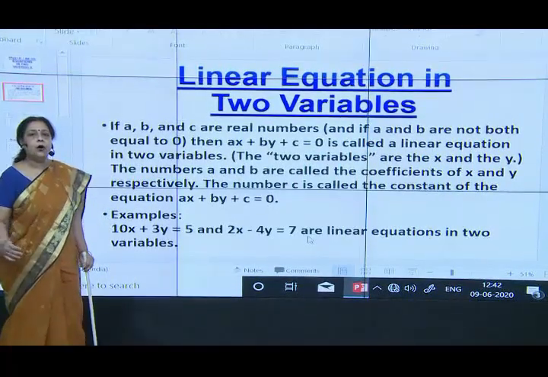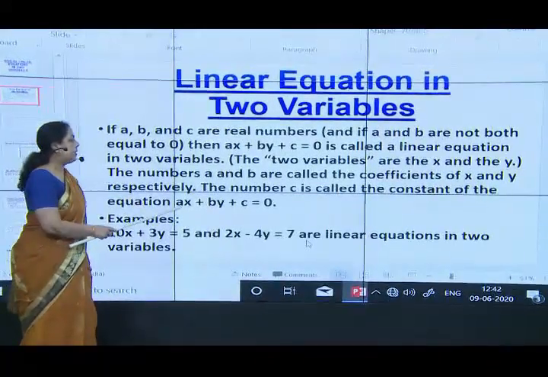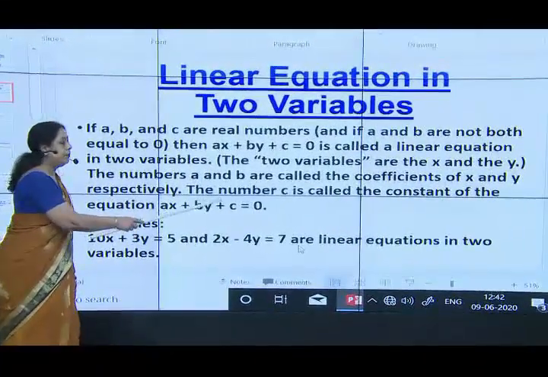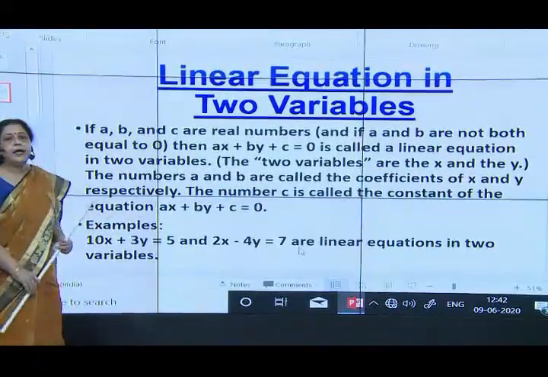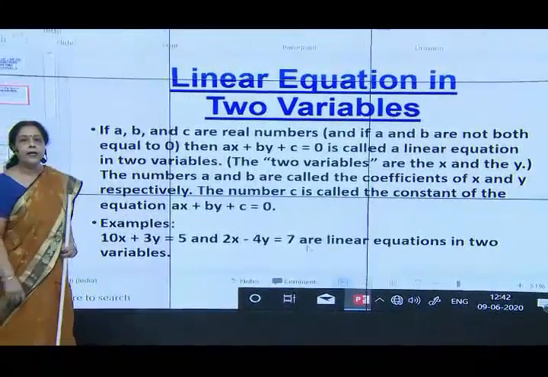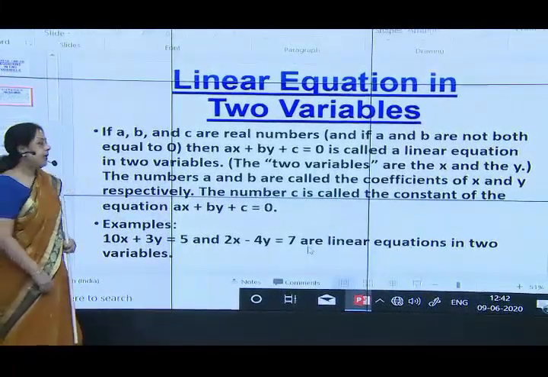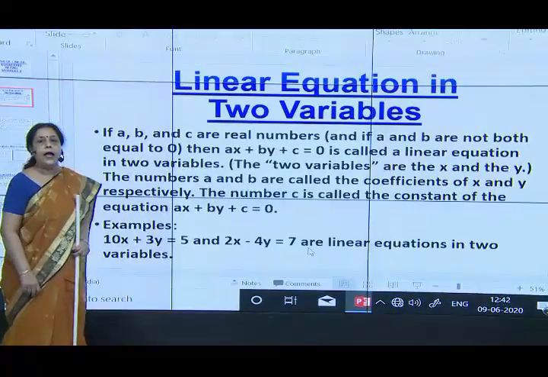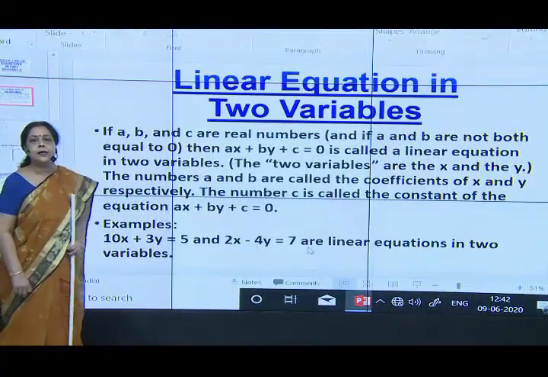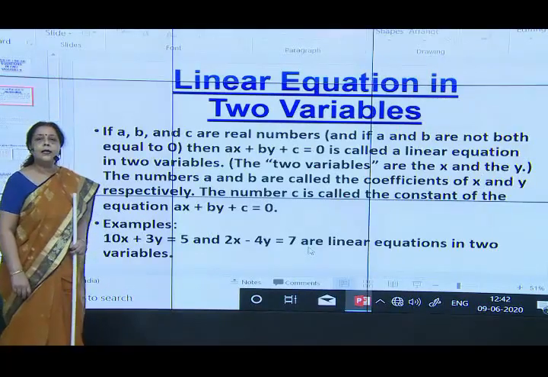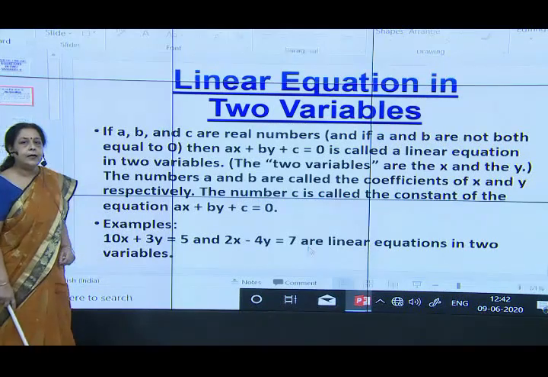Let us recall, an equation of the form ax plus by plus c equal to 0, where x and y are the variables and a, b and c are real numbers, is called a linear equation in two variables.